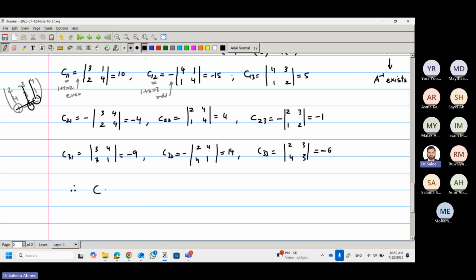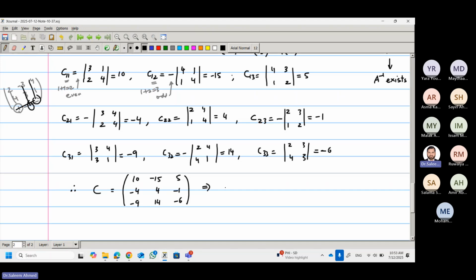If you want to write C first, then you will write in rows. 10, 15, 5 will be a row. If you want to write adjoint directly, you can write this in column. So see, 10, minus 15, 5, minus 4, 4, minus 1.